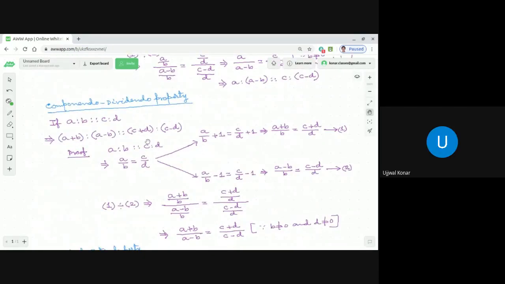The next property we learned is the componendo-dividendo property. Actually, this property is used the most, and it says that if A is to B is equal to C is to D, then A plus B is to A minus B is equal to C plus D is to C minus D. That is called the componendo-dividendo property.